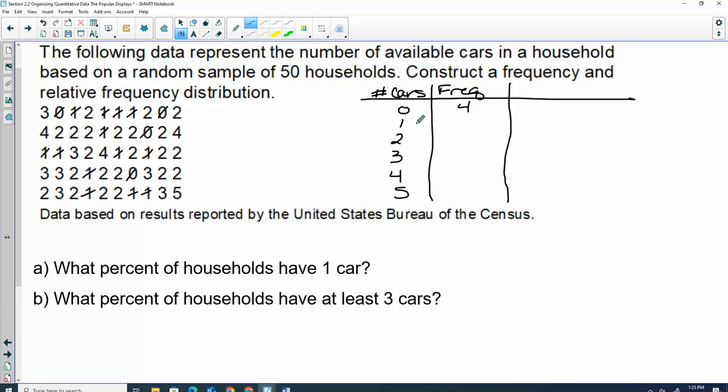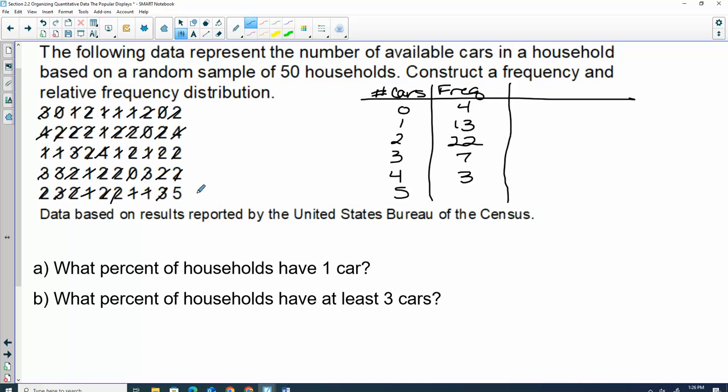Yep. 2 cars. 3 cars. 7. 4 cars, 3 times.